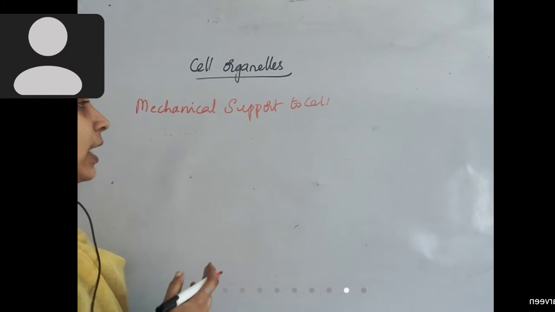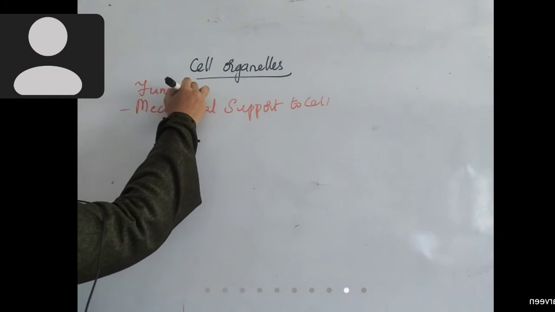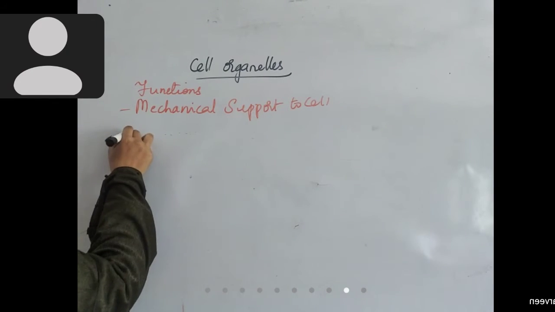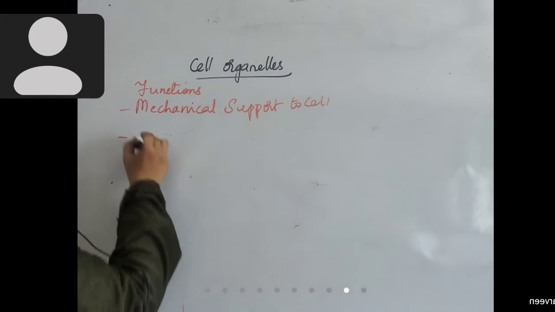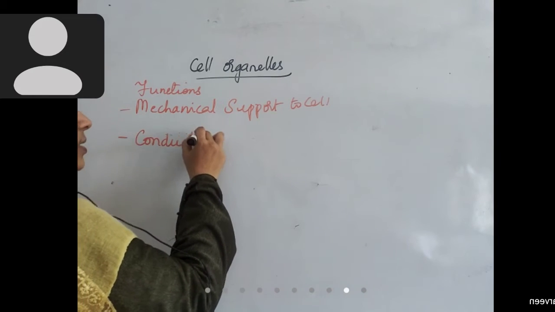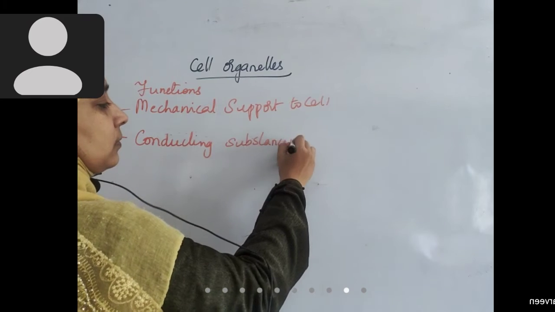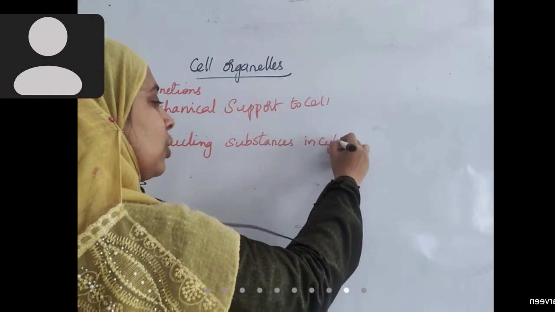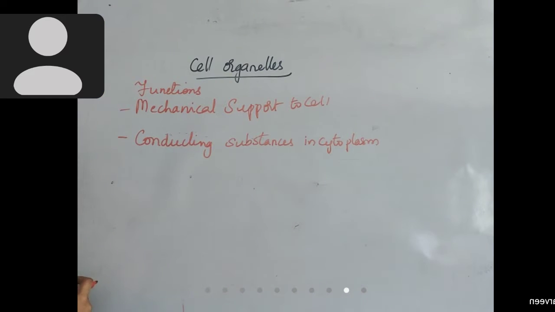The endoplasmic reticulum also gives that strength to the cell. It spreads inside the cytoplasm and helps in conducting substances from one location to another, from the nucleus to outside, like that.